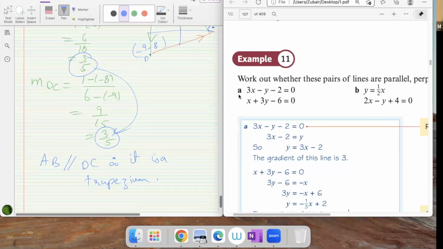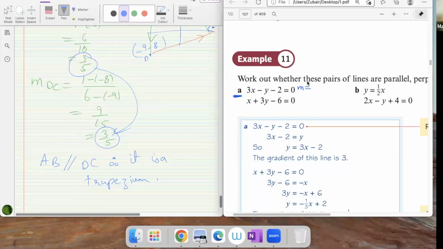What is the gradient of the first equation in A? Mahad, any guesses? What is the gradient of the first equation?